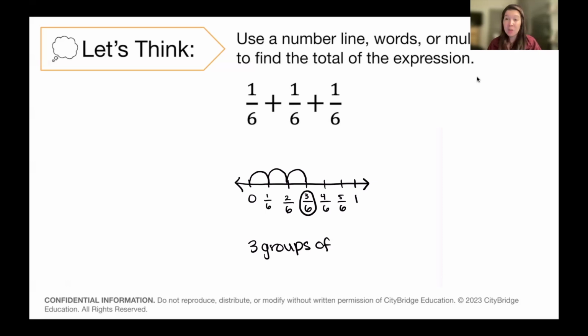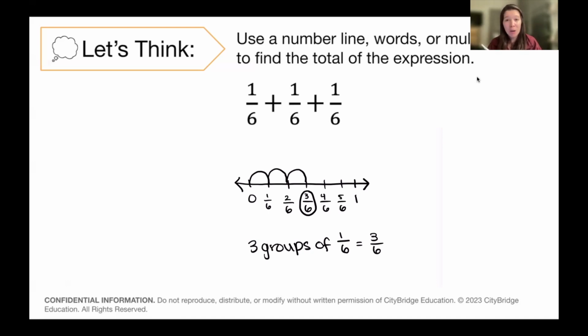And just like we'd say there's 3 groups of 2 for 2 plus 2 plus 2, here we can say that there's 3 groups of 1/6 because we have 1/6 and 1/6 and 1/6. And when we make 3 groups of 1/6, we get 3/6.